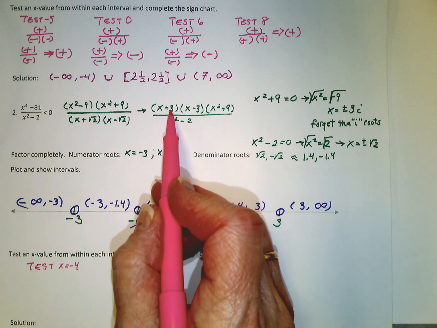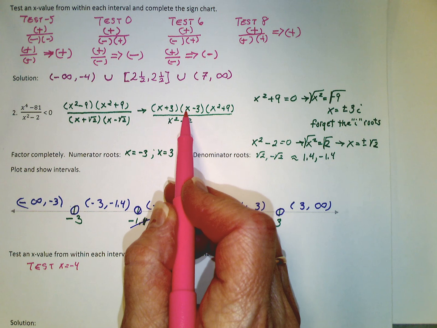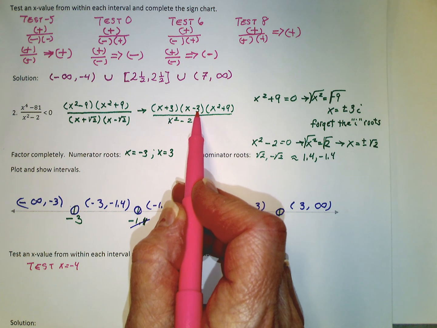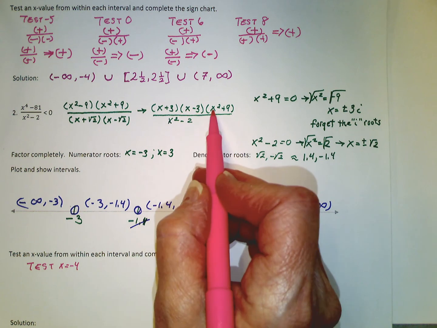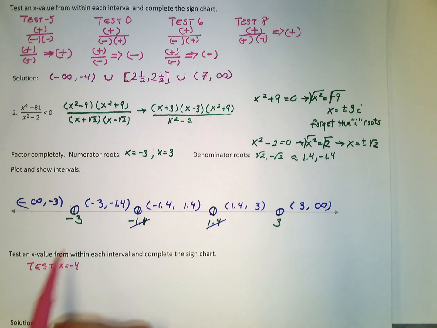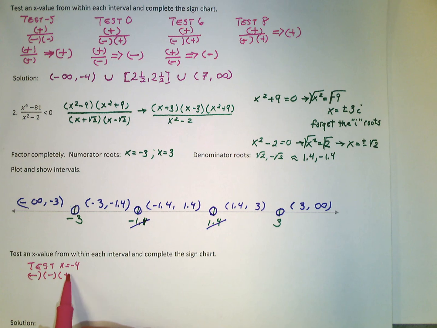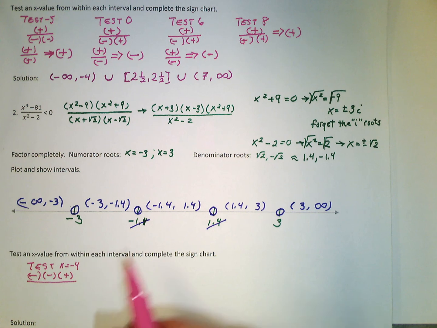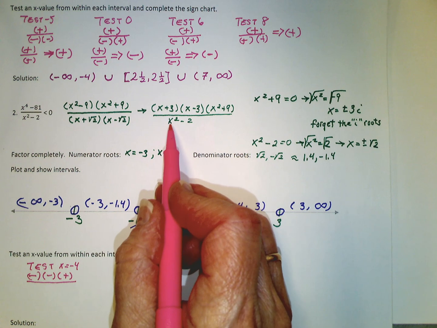So negative 4 here makes this a negative. Negative 4 here makes this negative. Negative 4 here, when we square to 16 plus 9, that makes that positive. So we have a negative times a negative times a positive. And then in the denominator, negative 4 here makes this a positive 16 again.